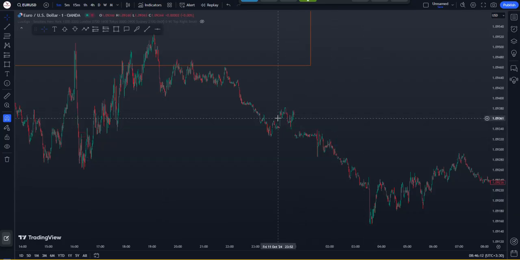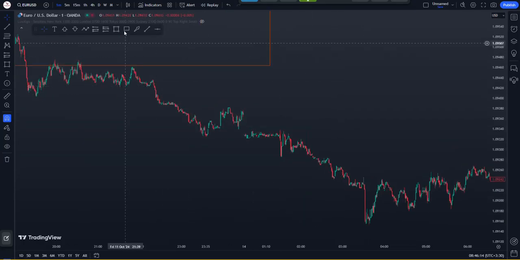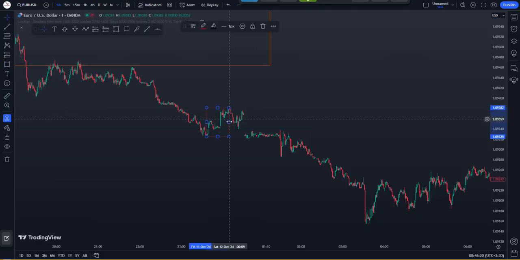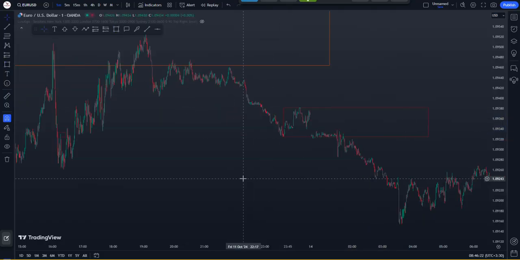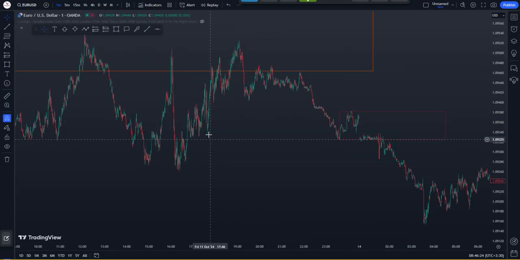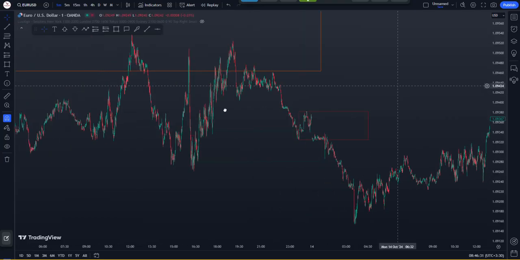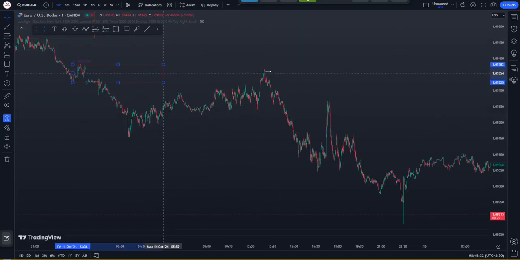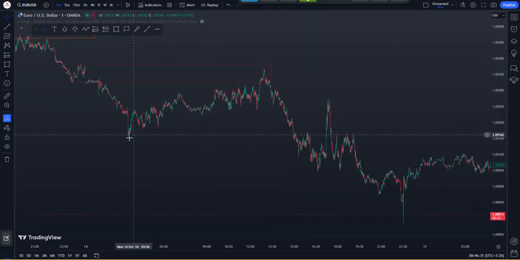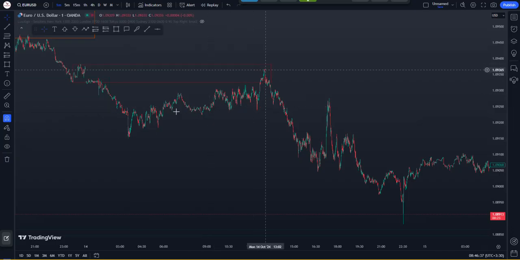It is made here, and then goes down. So after price has reached that level, in here this one is created from this low to this high, made by this level.